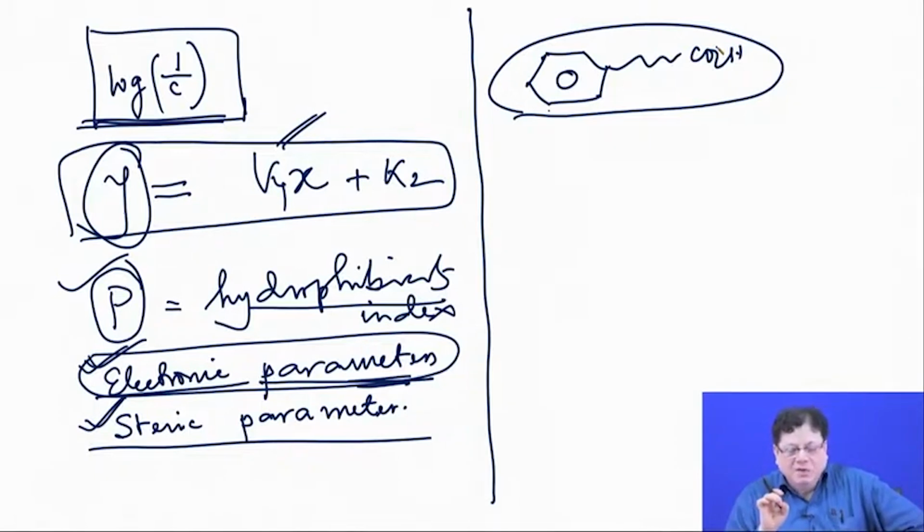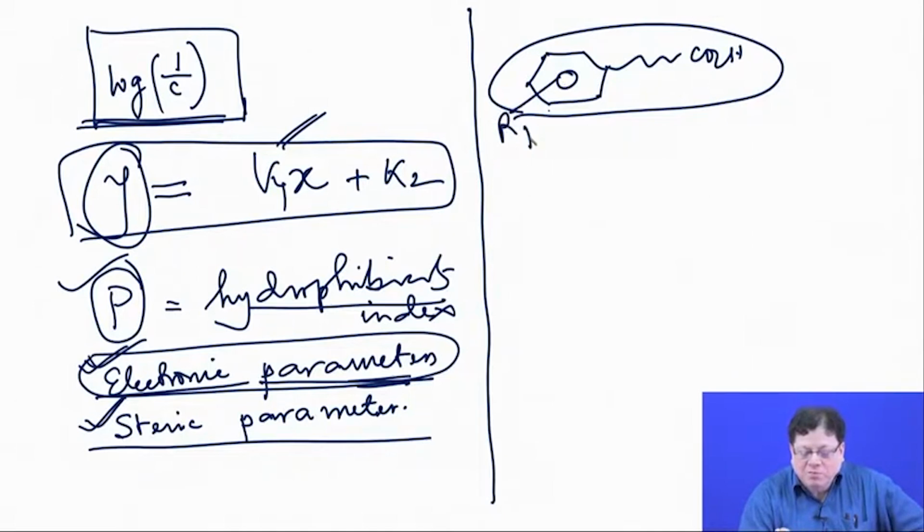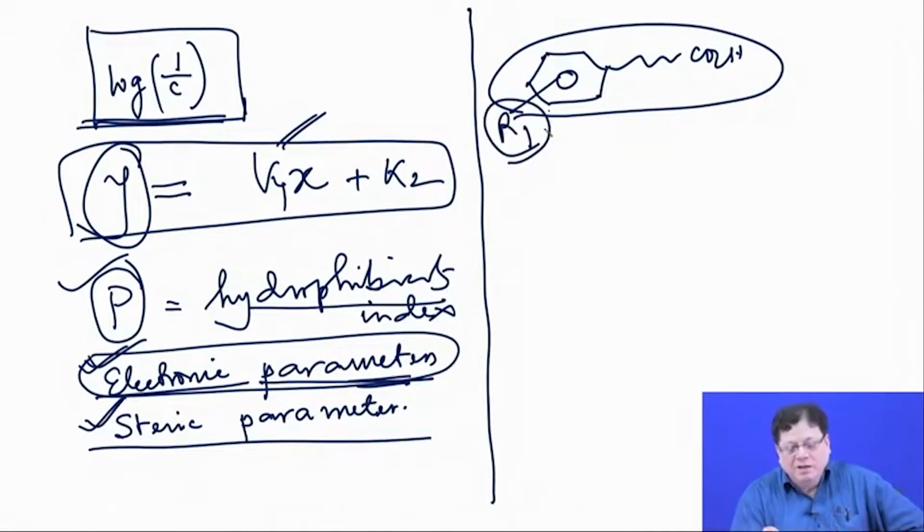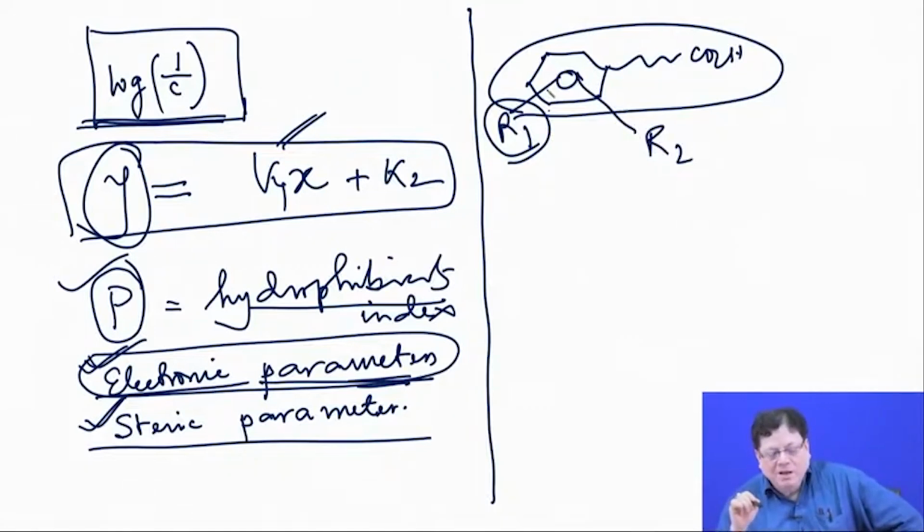Okay. So, then what is usually done? You have to optimize the lead. That means you have to put different substituents in different positions of the molecule. Now, suppose I put an R1 here, and another substituent R2 in the same benzene ring. R1 can be methyl, ethyl, propyl, butyl, and R2 can also be different groups.